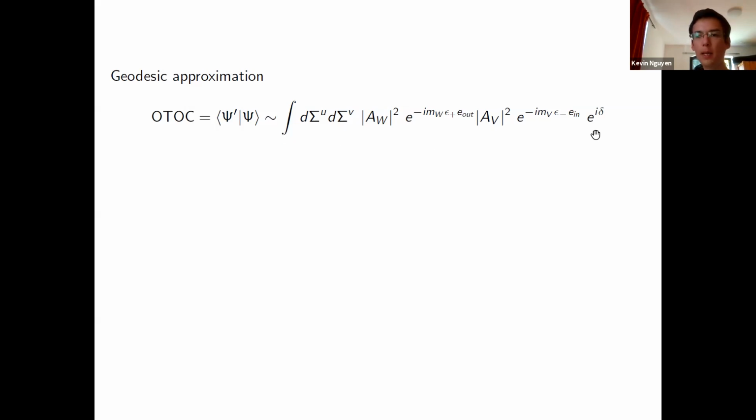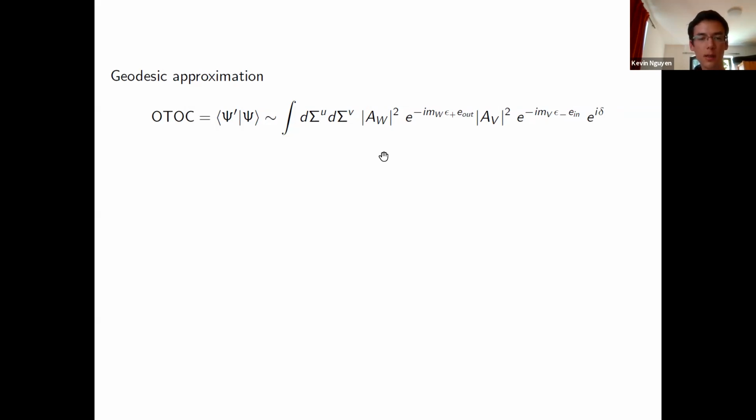So to apply this formula, what one has to do is to look at all geodesics that emanate from the boundary insertion points and connect the future and past Cauchy slices in the bulk. Compute the 2-to-2 scattering for each pair of ingoing and outgoing geodesic. Compute the conserved energies of these geodesics, and then integrate over all points on the Cauchy slice.